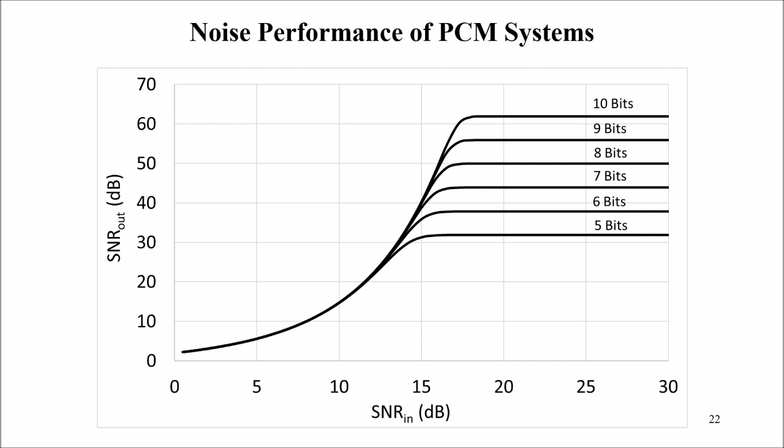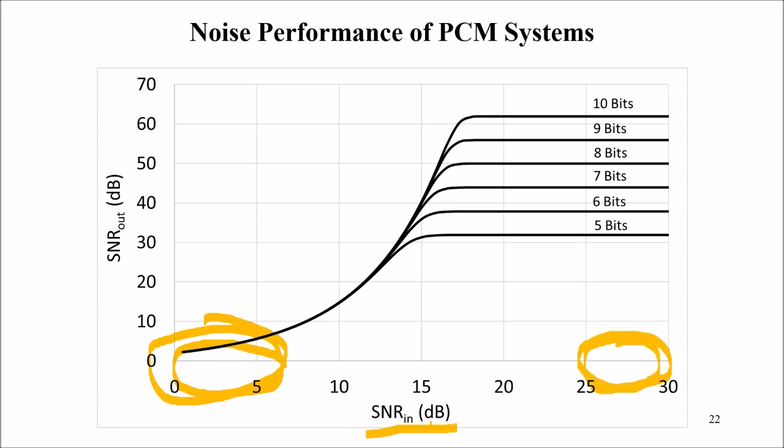The curves have the same kind of shape. Here's the signal to noise ratio of the input signal in decibels across the bottom. Noisy signals on the left with a small signal to noise ratio, clean signals on the right with a high signal to noise ratio. Again, when the signal to noise ratio of the input signal is low, the response is dominated by bit error.